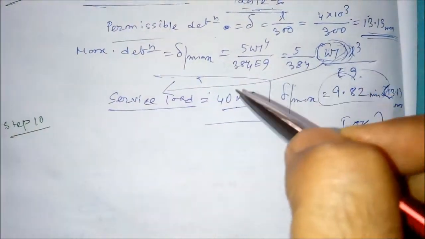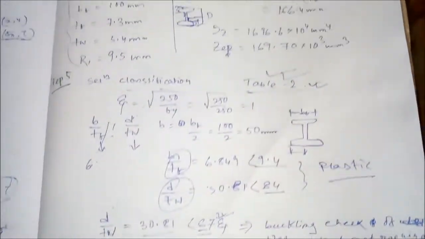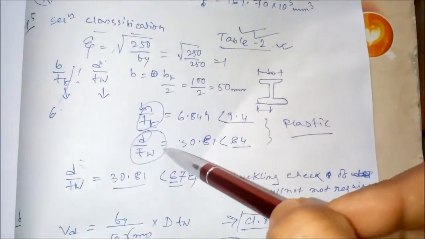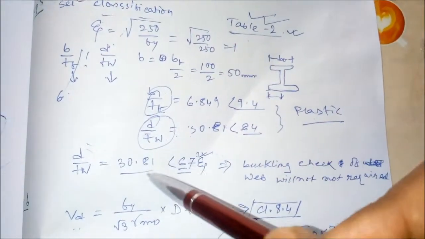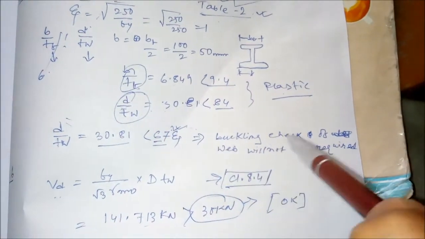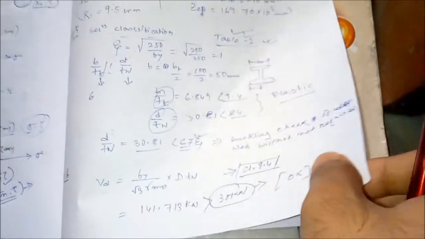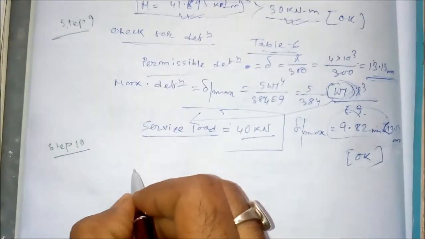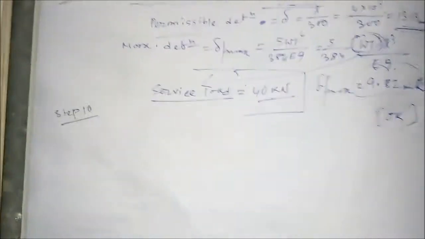Now, because we have already seen that this d by tw value is lesser than 67, the buckling check is not necessary, but we need to do the crippling check. So for web crippling we have to check, right?